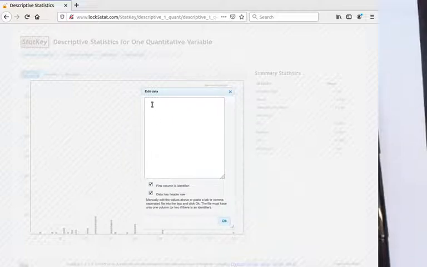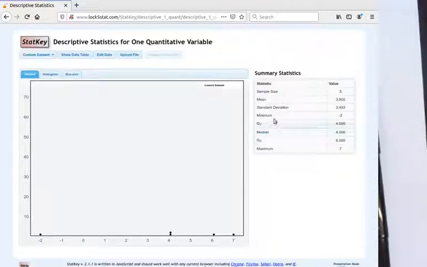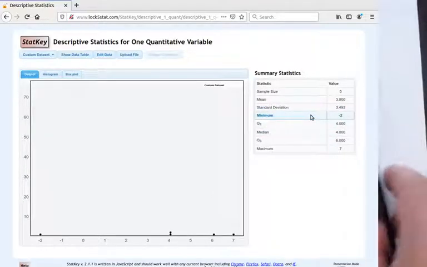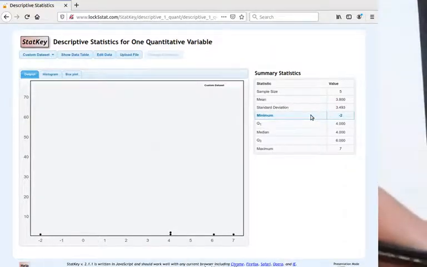It's 4, negative 2, 6, 4, 7. I think I did that right. And it tells me that the mean is 3.80 and that the standard deviation is 3.493.